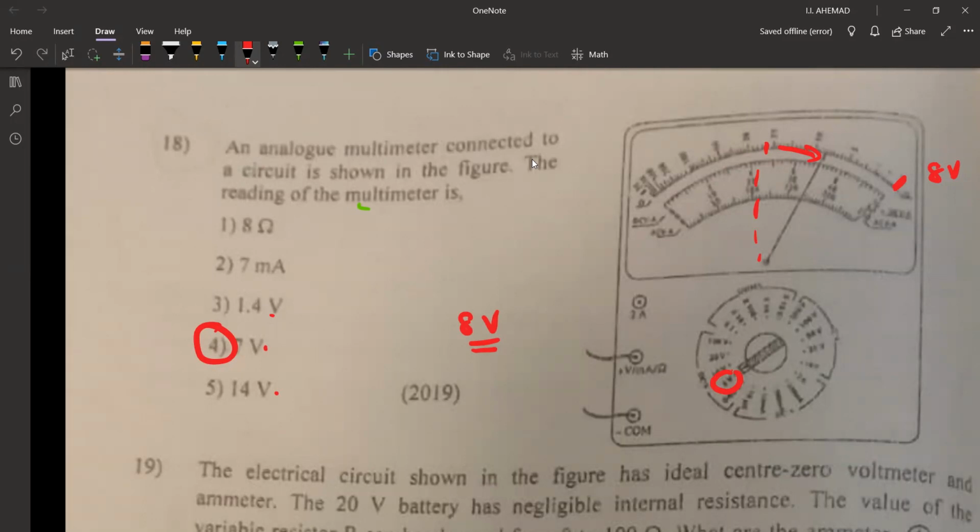Three of you gave the idea. If you got the idea, even if the question changes, not a problem, right? If this is 2 volt, the maximum deflection is 2 volt. So here the possible answer is only 1.4.